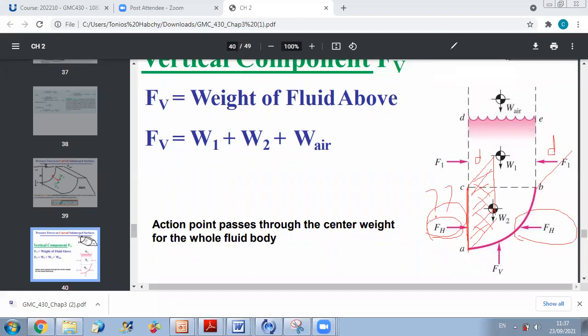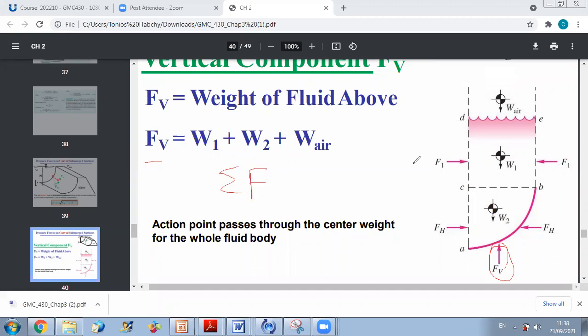Okay. Now we will move to how to find the vertical component of the force of the curved surface on the fluid. To get F vertical, we will do the balance along the y direction. So if I consider this is y, the sum of forces along the vertical direction equals 0.